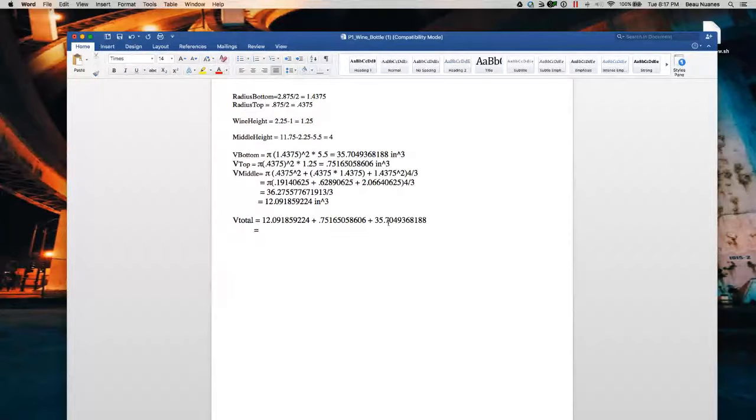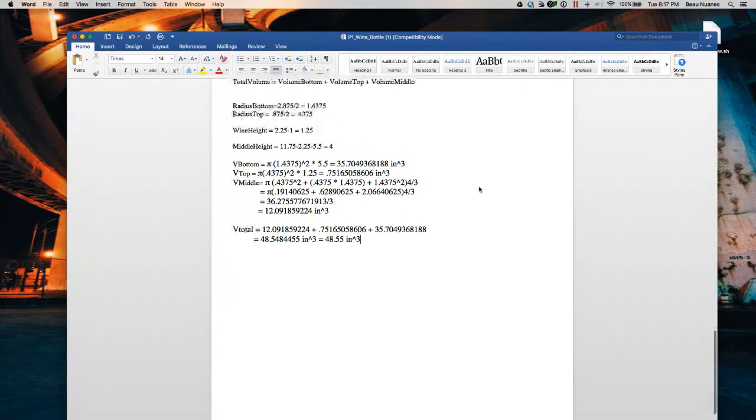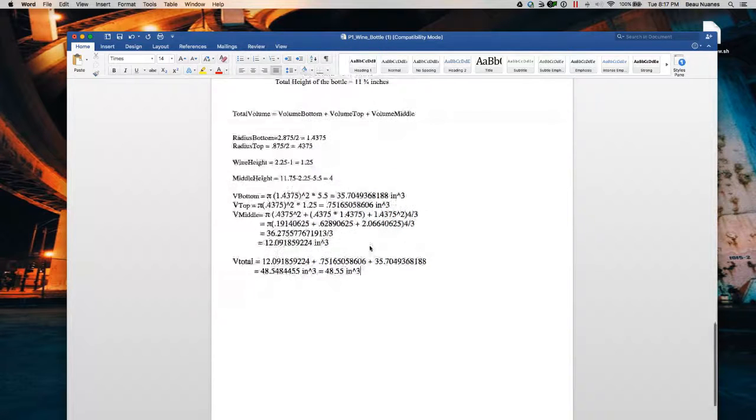That gives us 38.544455 inches cubed. And the spec says to go to 2 decimal places. For us, that'll be 48.55 inches cubed. All right. So that's one piece of information that we're going to need.